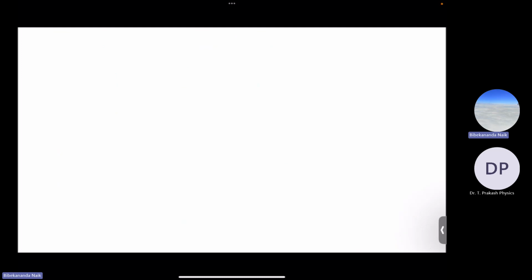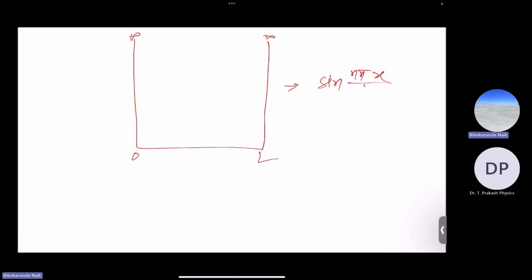This is called a potential well, where the potential is infinity outside 0 to L. For this, the general form of the wave function is sine n pi x by L, where n is not 0, because when n equals 0, the wave function will be 0. Wave function being 0 means the particle is not inside the box, but the particle is always inside the box, so n can't be 0. So n will be 1, 2, 3, 4, like that.